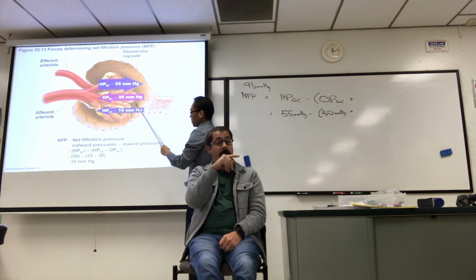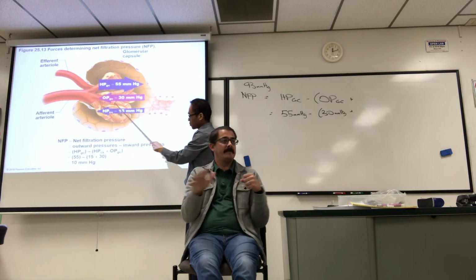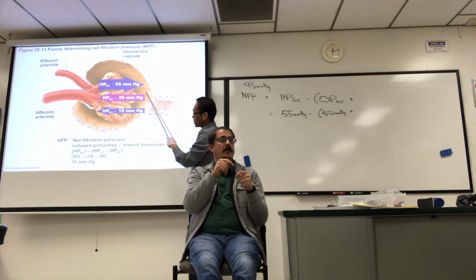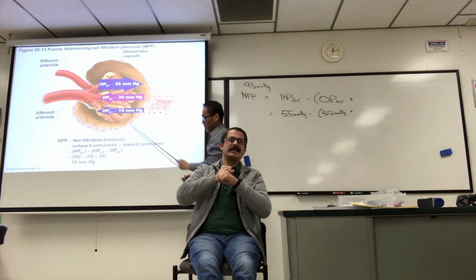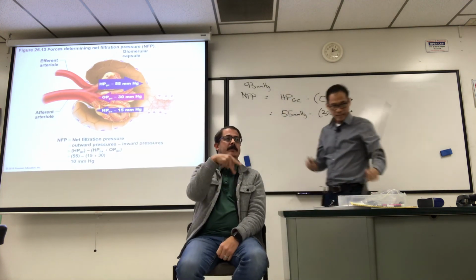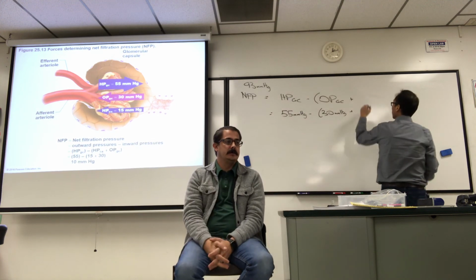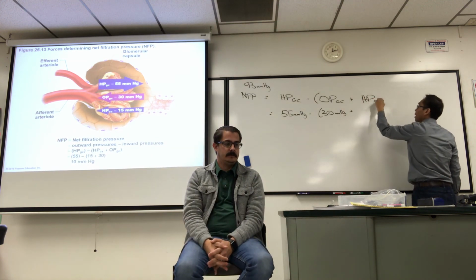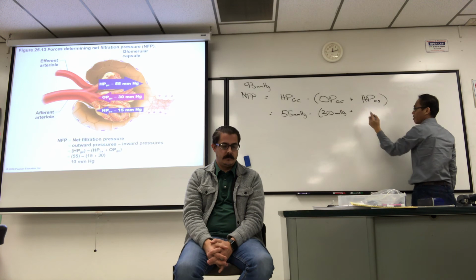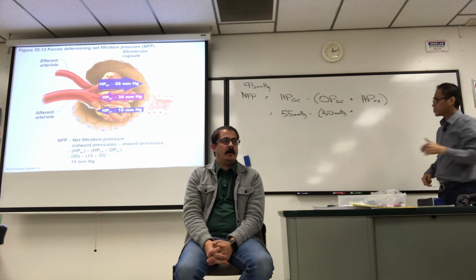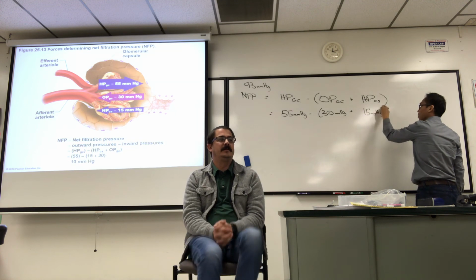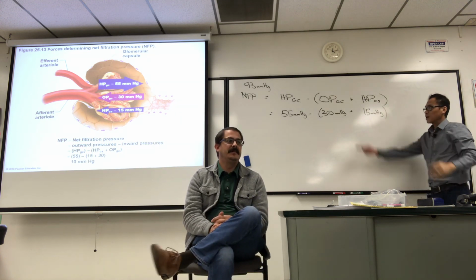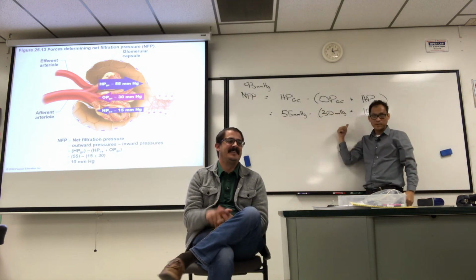This capsule is fluid filled. So when you're trying to push fluid into something that's fluid filled, there's some resistance there. That's the HPCS, and that's about 15-ish. So hopefully the 55 is greater than these opposing pressures.